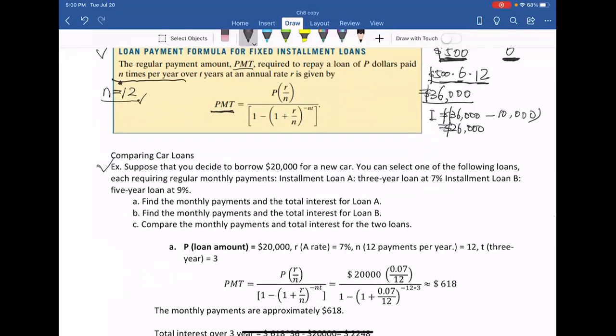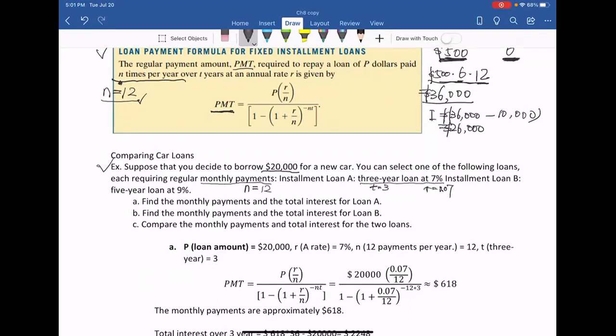Suppose that you decide to borrow $20,000 for a new car. You can select one of the following loans, each requiring regular monthly payments. That means N equals 12. Installment loan A, a 3-year loan at 7%. That means T equals 3, and R is 0.07.